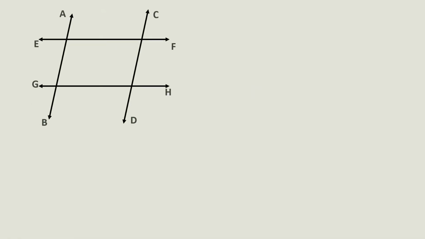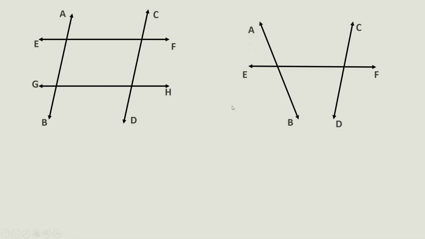Now let's look at some examples. Let's see what's the transversal line here. A transversal line here can be AB because AB passes through two lines, GH and EF. Another transversal line could be CD because this line passes through EF and GH.